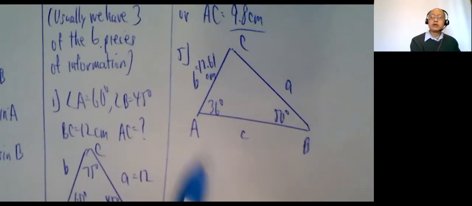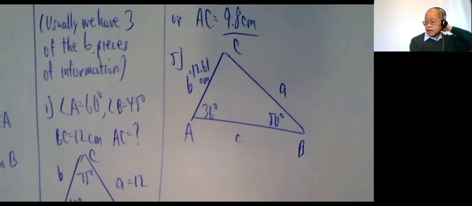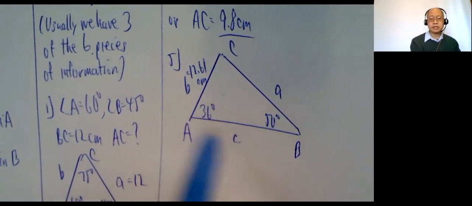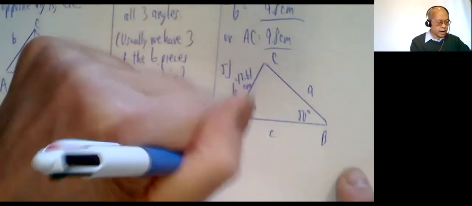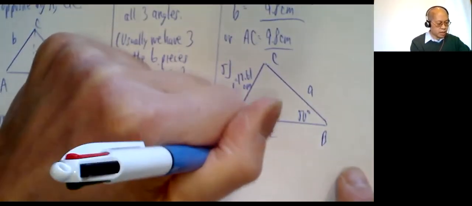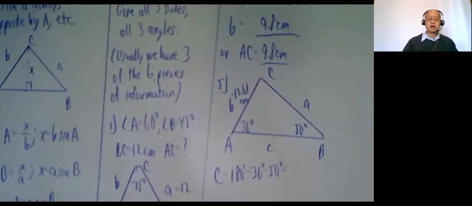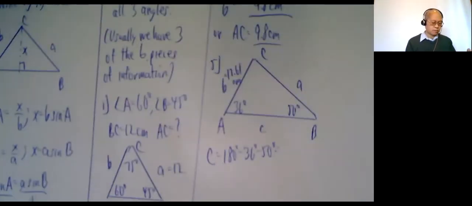Usually when they give you 2 angles, you immediately solve for the third. That's easy: 180 minus the sum of these 2. So angle C is 180 minus 36 minus 50, 94 degrees.